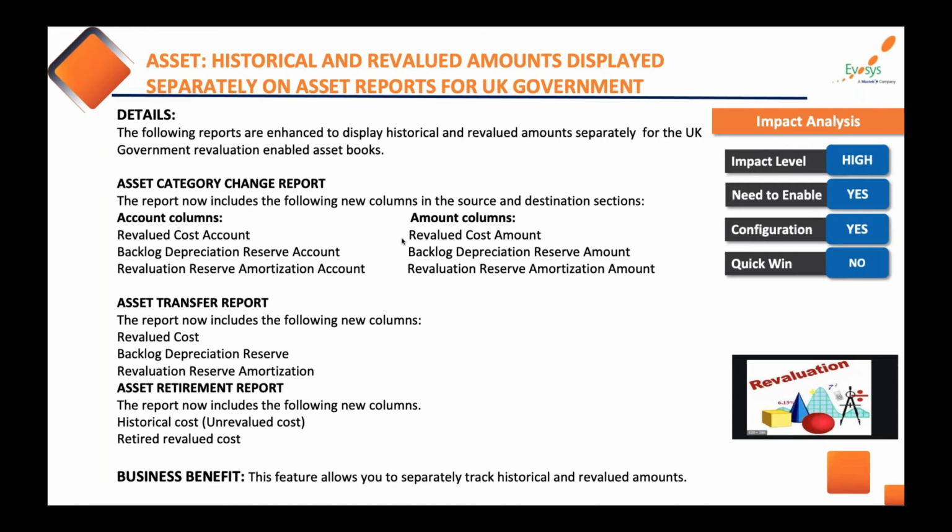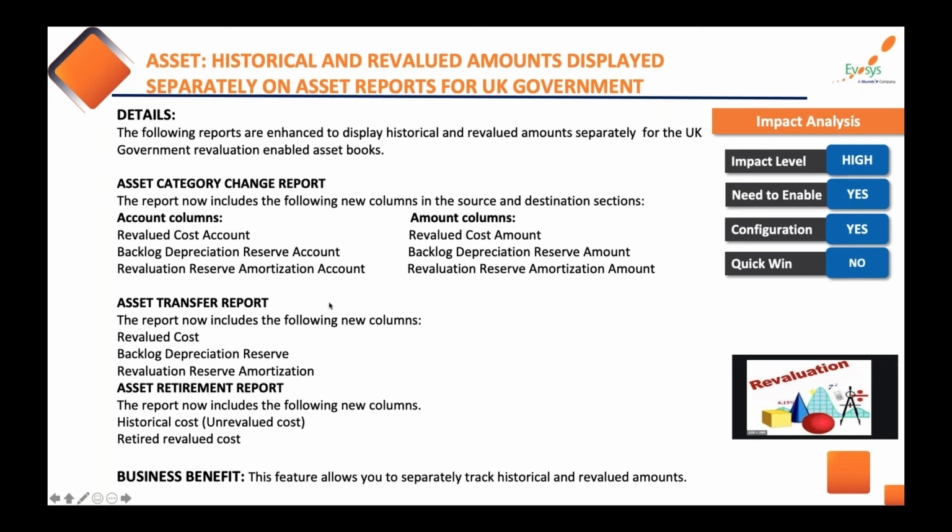And currently many of us might have customized those reports, but with this new upgrade, Oracle is bringing those columns as a part of a seeded report, limited to the asset category change report, asset transfer report, and asset retirement report. So these columns and amounts are going to be standard as a part of these reports.